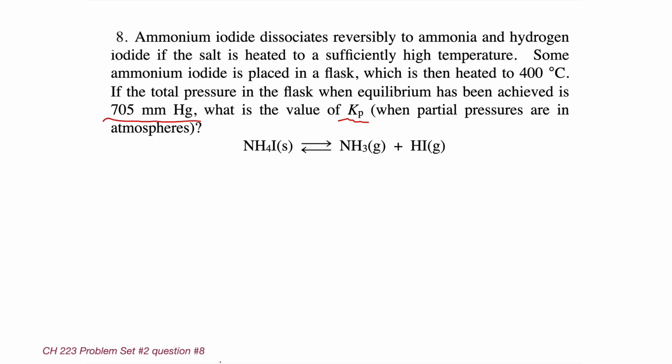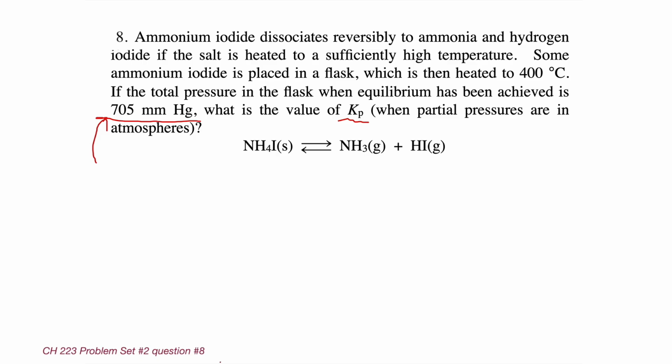And how we can do that is to use the total pressure right here. Now, the reactant was a solid, and it didn't have an appreciable pressure over it. And for every mole of NH4I that breaks down, you're going to have a mole of NH3 and a mole of HI. They'll be made in equal molar amounts.